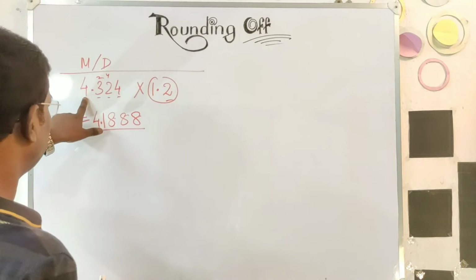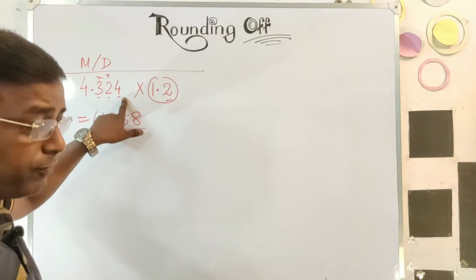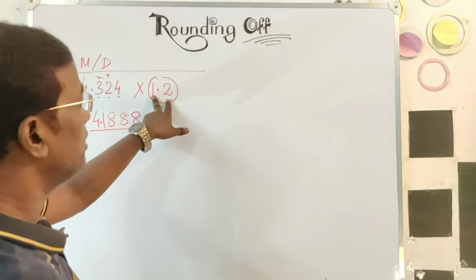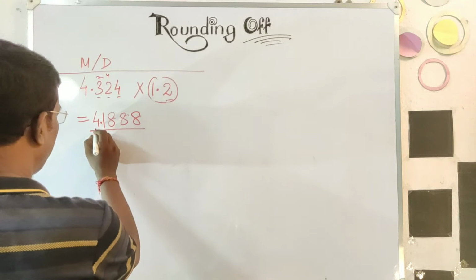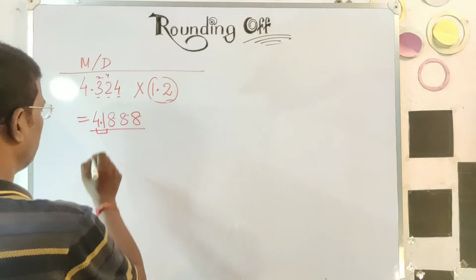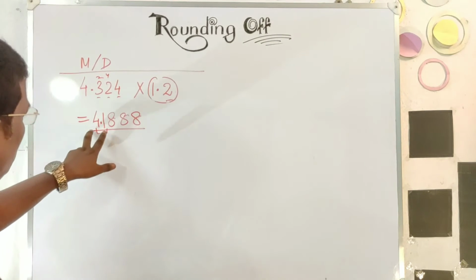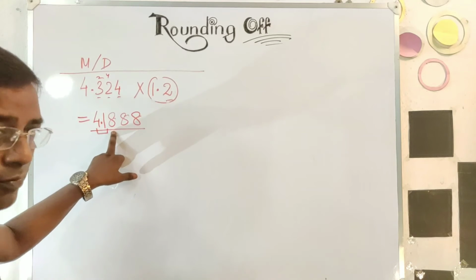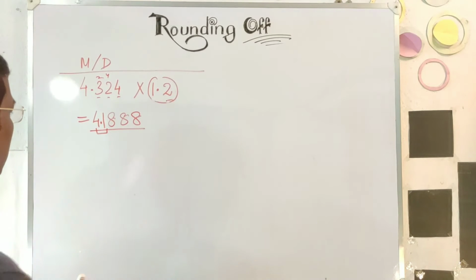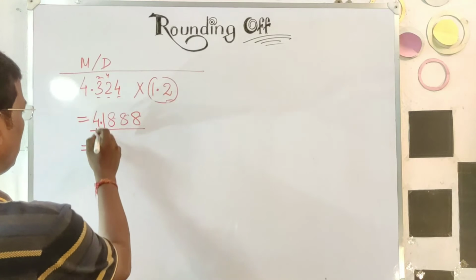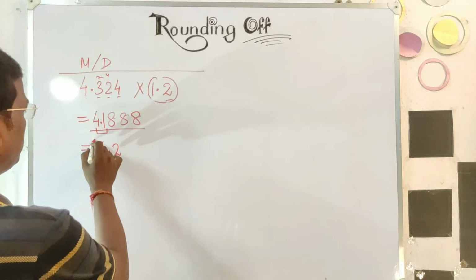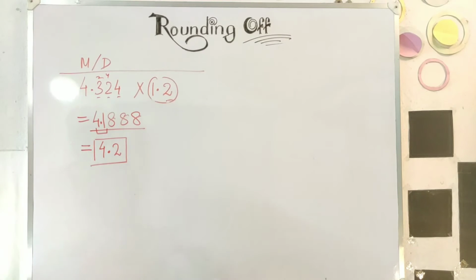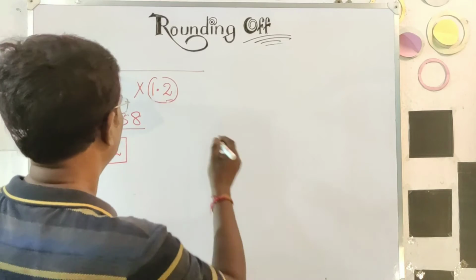This number has 4 significant figures, whereas this has 2 significant figures. So we have to find the answer up to 2 places. But there is 8 which is more than 5, so definitely it will be rounded up, and it will be 4.2. The correct answer will be 4.2. Have you got it? 4.2.